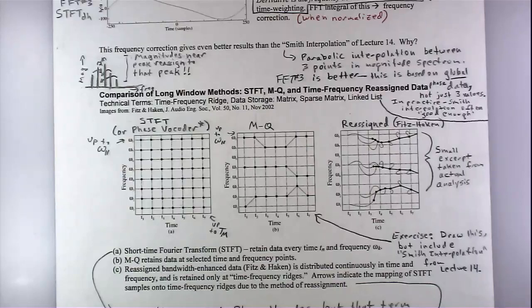I did not. I should include that. But this little thing here, you can tell if you did parabolic interpolation, it would end up to the left of the center peak there. Time frequency reassignment also ends up to the left, but every one of these magnitudes, all the neighboring ones, they all try to reassign to the same place. So it's kind of cute.